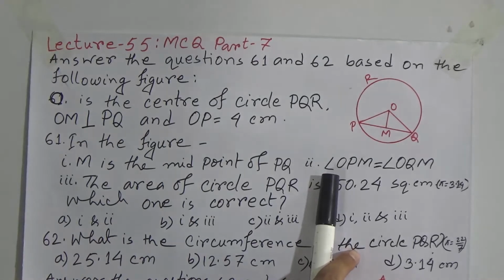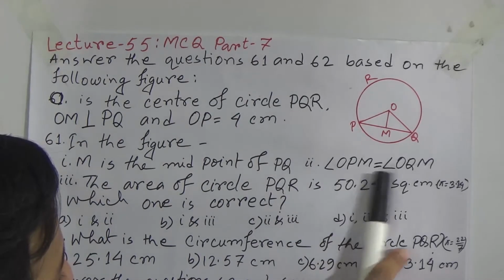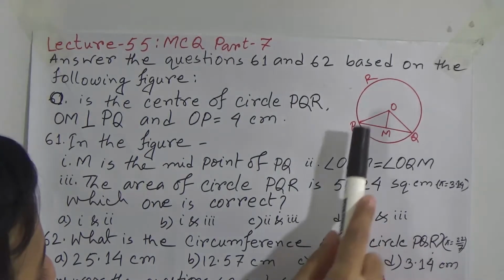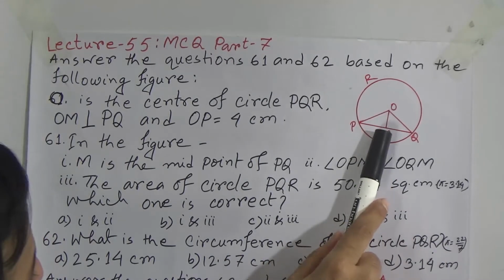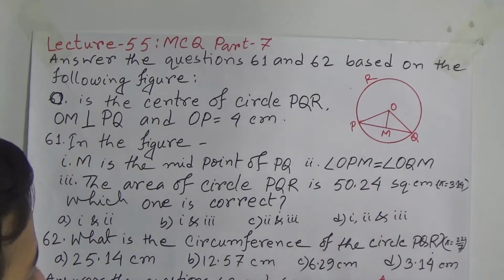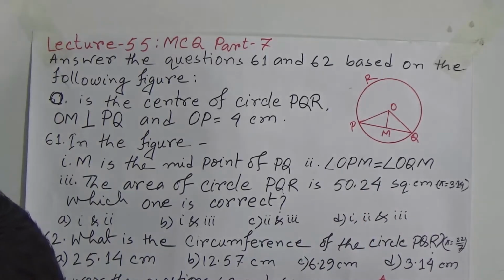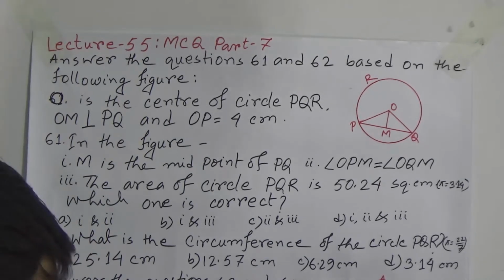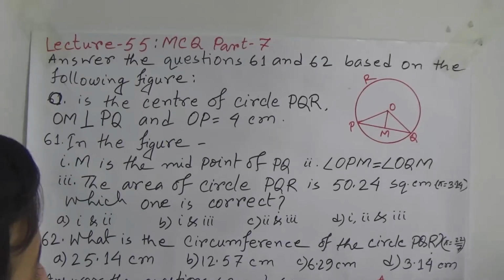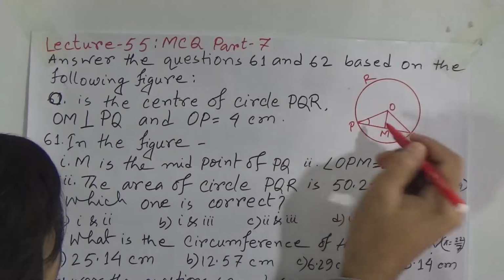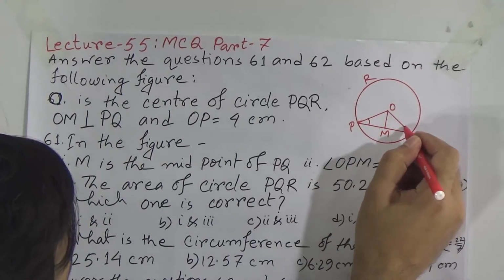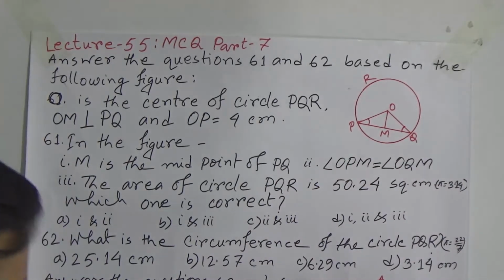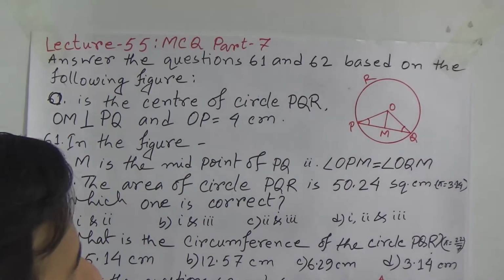Now statement 2: angle OPM and angle OQM are equal. Here OPM means this angle, and OQM is this one. Here it is written that these two angles are equal. Yes, we can say these two angles are equal.